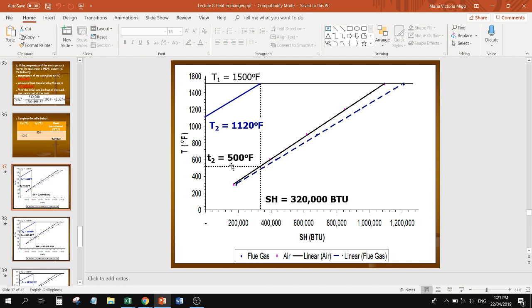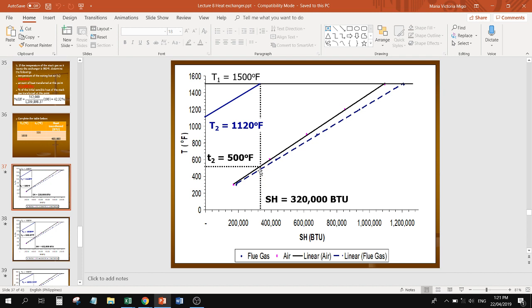Okay, 500 degrees Fahrenheit. Using the equation of the cold fluid or our working fluid, we read at temperature 500 degrees Fahrenheit, and directly we can read already the Q.